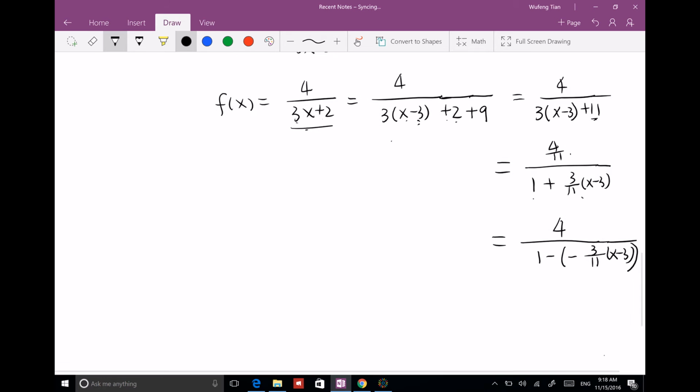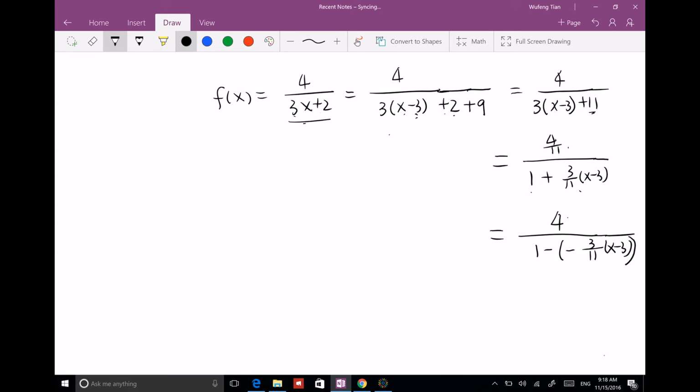Okay. Then I have a over 1. Oh, I forgot the 11. I have a over 1 minus r. So this will equal the series from n equals 0 to infinity of 4 over 11 times r, which is negative 3 over 11 times x minus 3, to the power n.